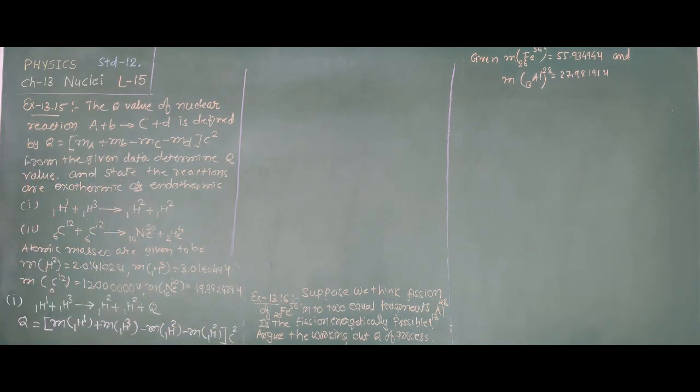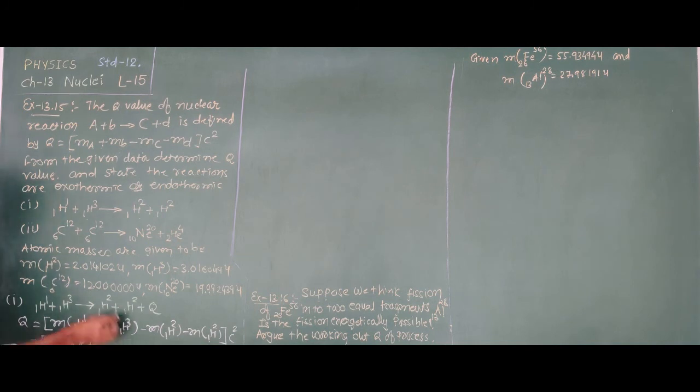Now we substitute the values. The mass of the 1H1 proton is 1.007825.